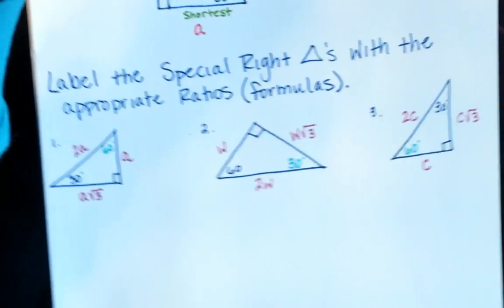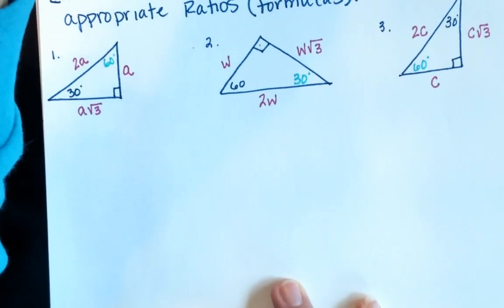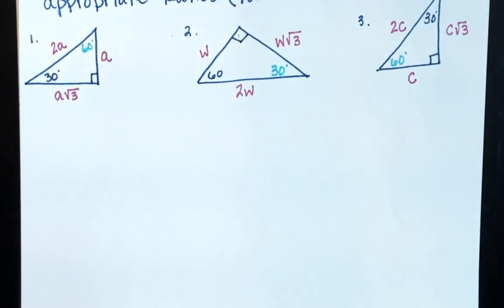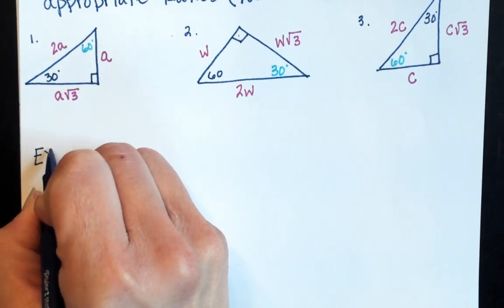Now, every example that I do after this, you're going to see that the steps are the exact same steps as our 45, 45, 90. Nothing's going to change. Only thing that changes is the formulas we use.